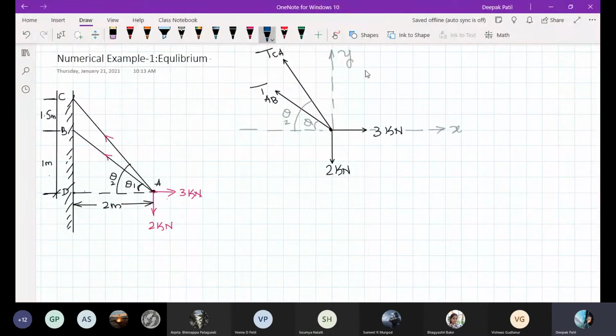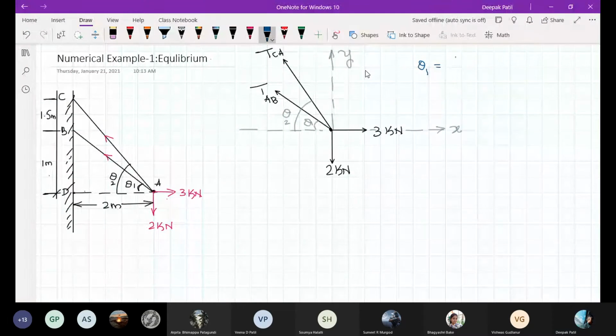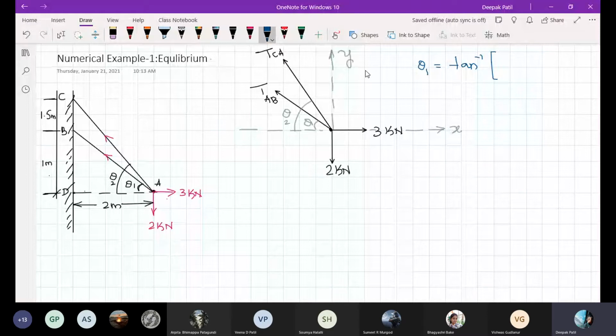If you see this right angle triangle, BDA, I can easily write that theta 1 is equal to tan inverse of BD, which is 1, divided by DA, which is 2. So from this you get theta 1, which is tan inverse of 0.5, which is 26.56 degrees.